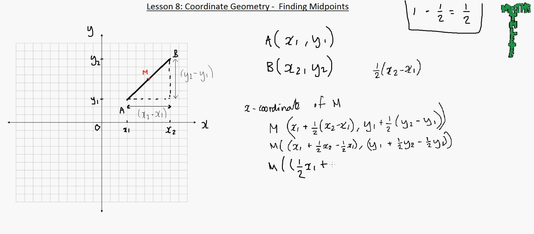plus half x2, and then also you have the same thing happening here. You have a whole, which is y1, minus half y1. There's a y1 there. Let's fix that.